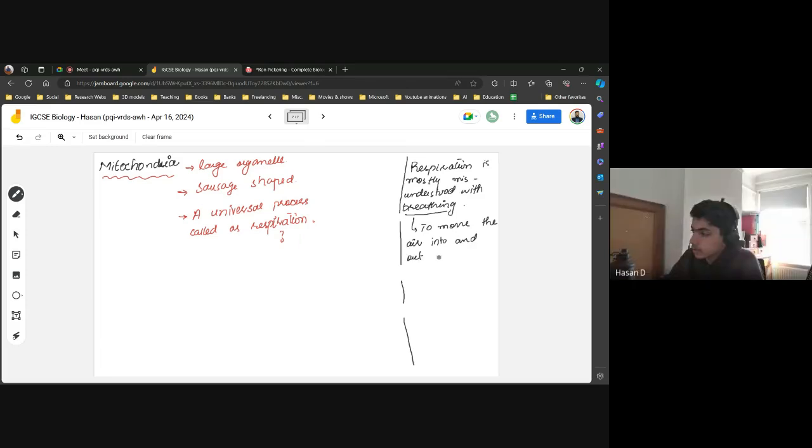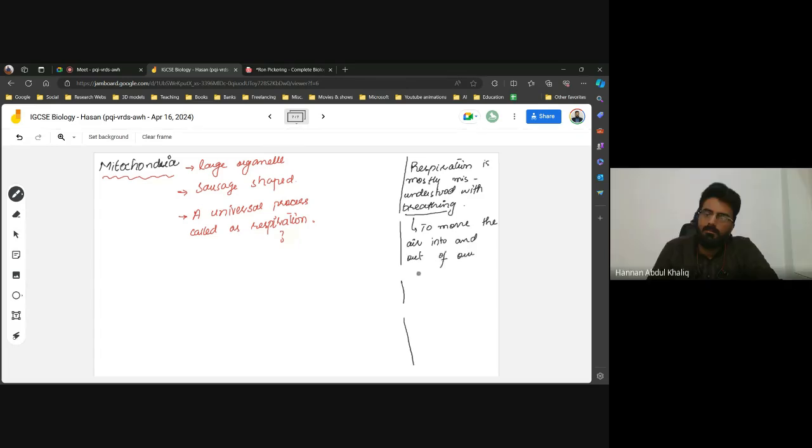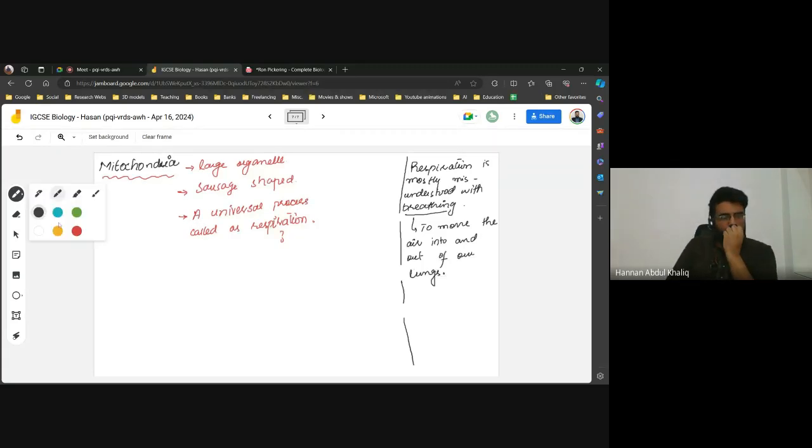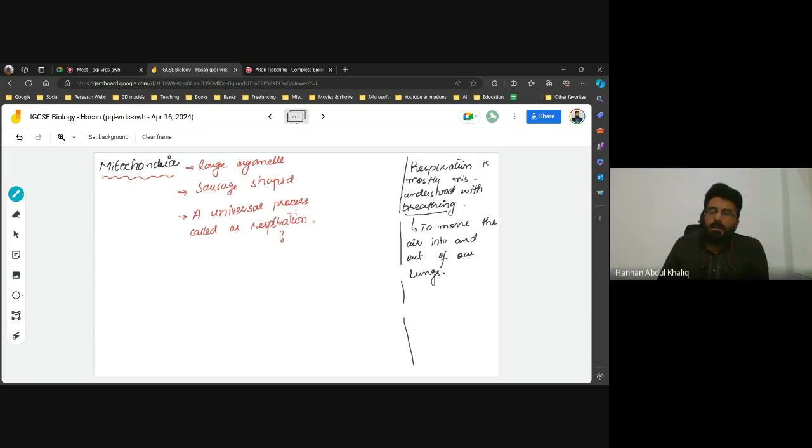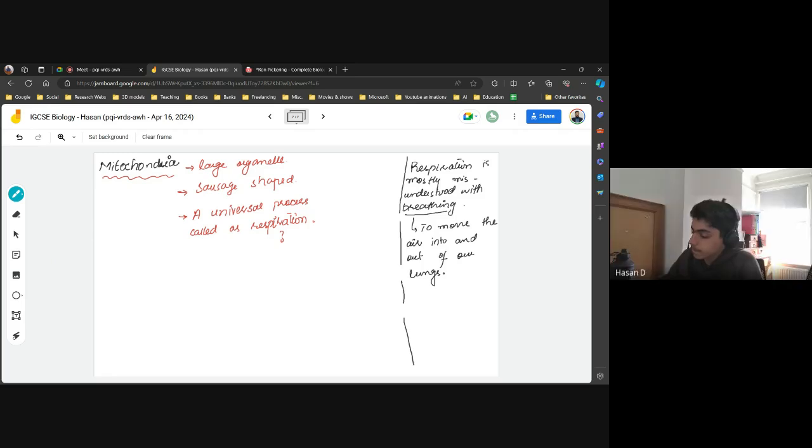Is it the movement into and out of the cells as well? No, no. It's just movement of air into and out of our lungs. No more than that, no less than that.